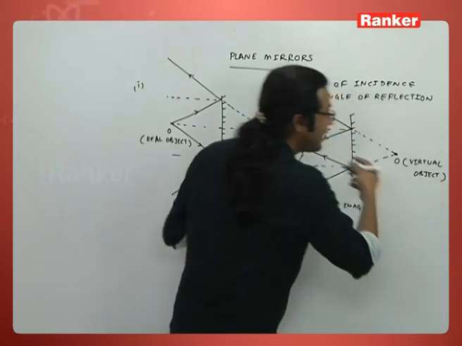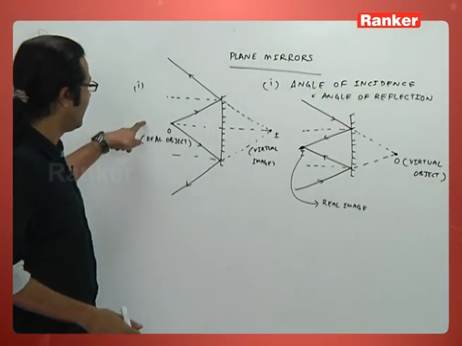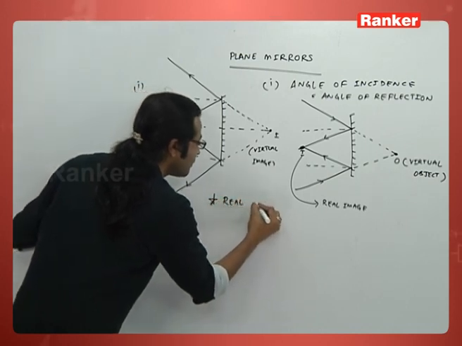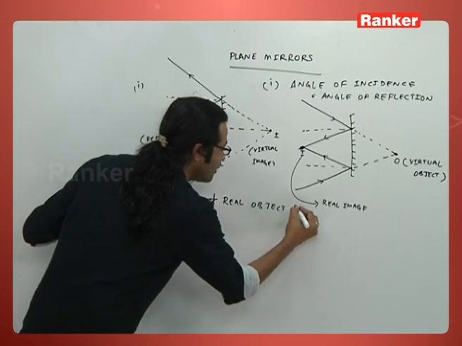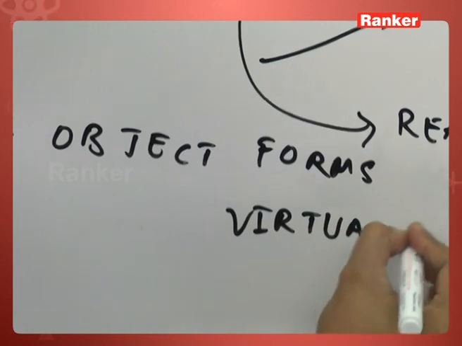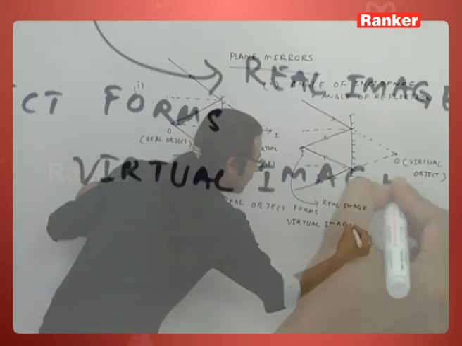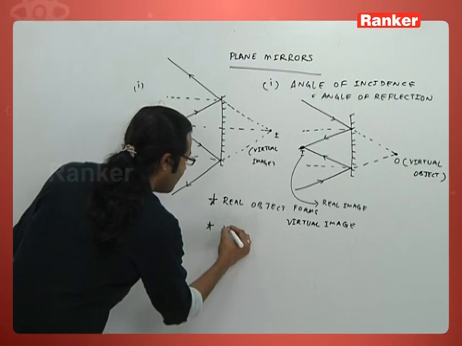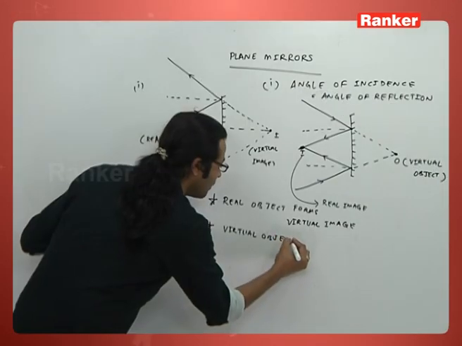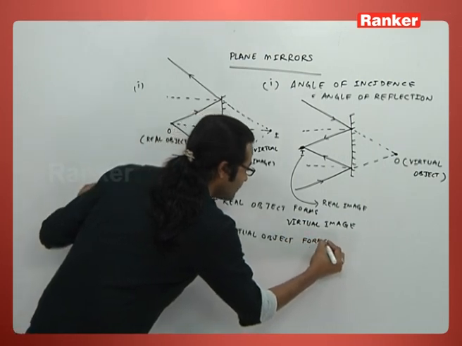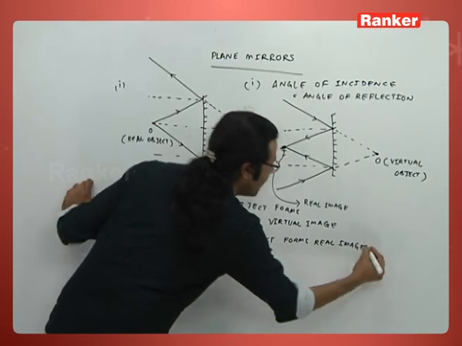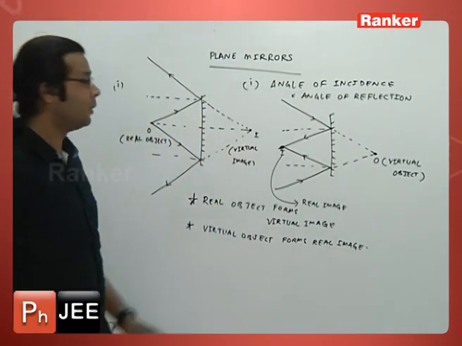That means in case of plane mirror, we can say a real object forms a virtual image, and a virtual object forms a real image.